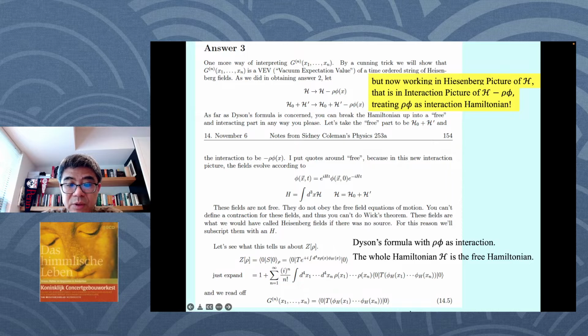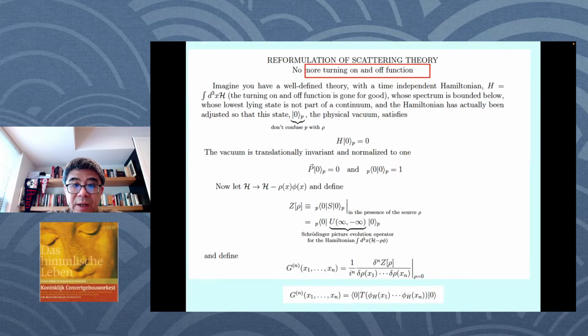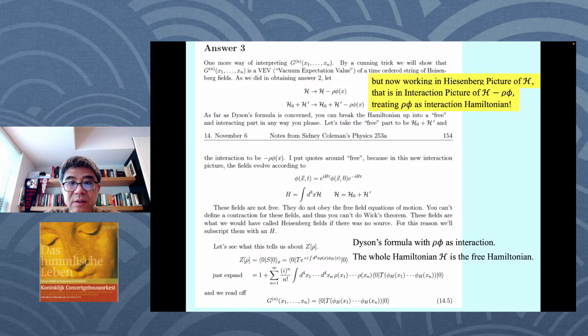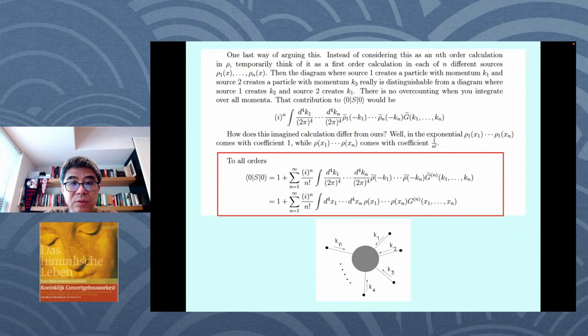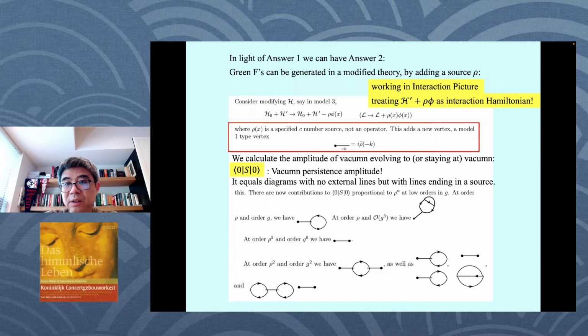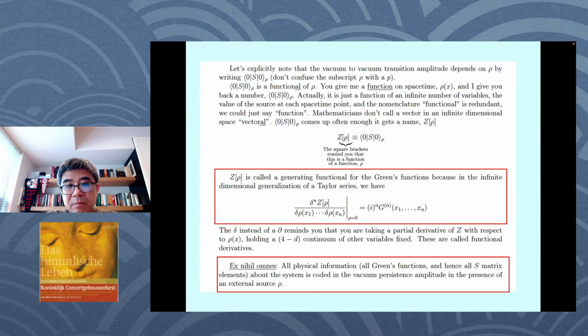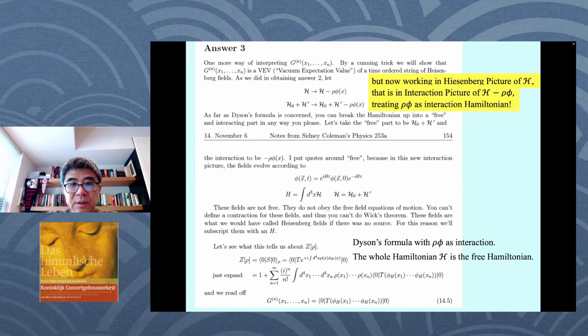I told you that this Green function is very, very important, not only for particle physicists, but it is also very useful for the application of quantum field theory in condensed matter theory. So the question is whether answer 2, working in the interaction picture, is the same as answer 3, which we get by working in the Heisenberg picture.